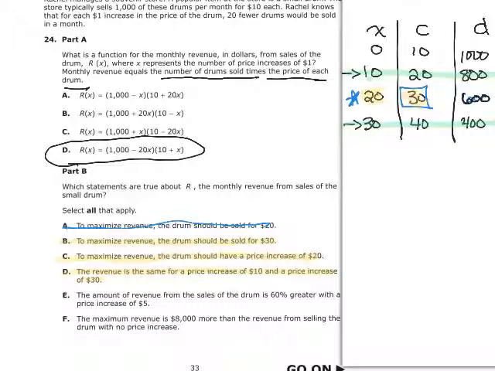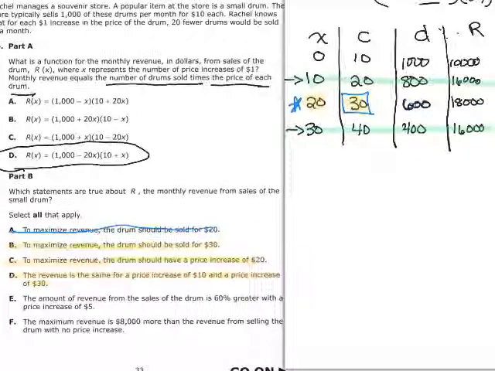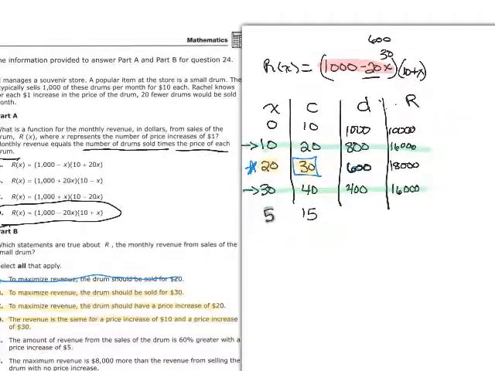Now this is where it gets a little interesting. How about the amount of revenue from sales of the drum is 60% greater with a price increase of 5? So if we increase it by 5, whoops, wrong choice. If we increase it by 5, we're going to sell them for $15 a piece. That means our X value here is 5.